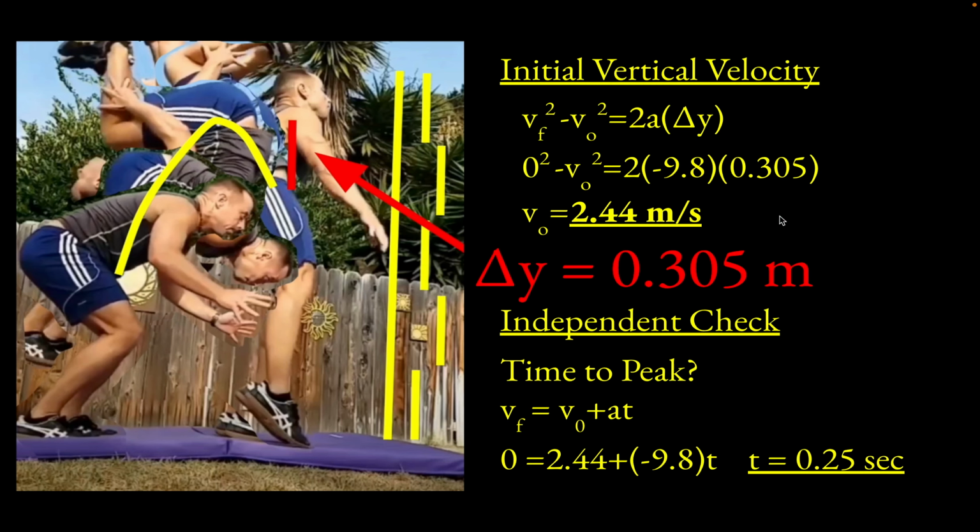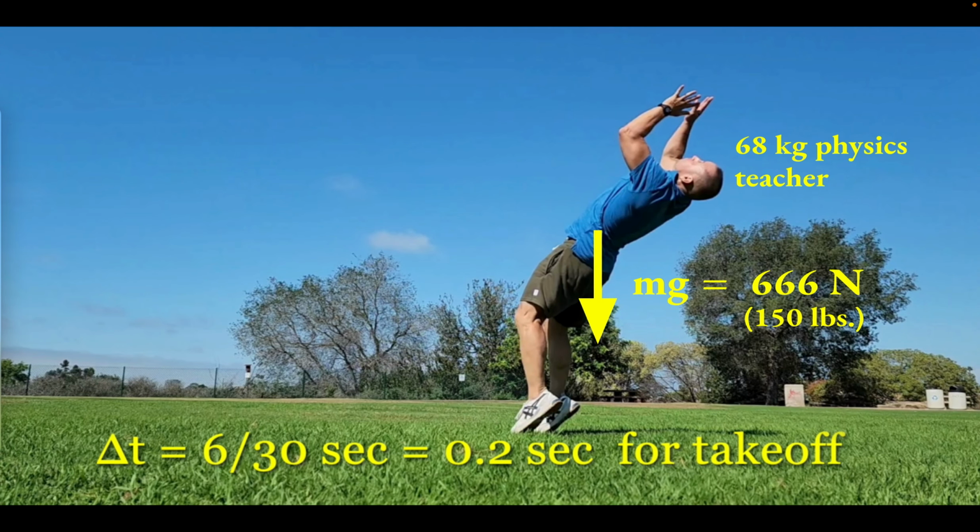Given that I took off with a velocity of 2.44 meters per second, we can actually learn how hard I must have pushed on the ground, or therefore how hard the ground must have pushed me upward. So what we're going to do now is focus on the takeoff itself, so not the flight. Here's your 150-pound physics teacher about to head up into the air. There's this force of gravity acting down on me.